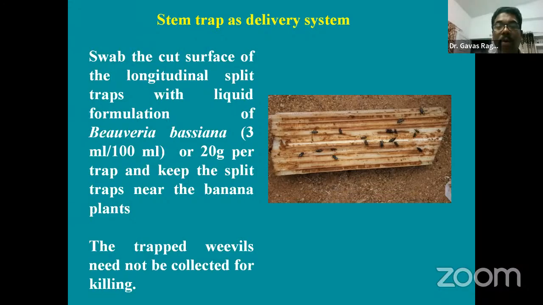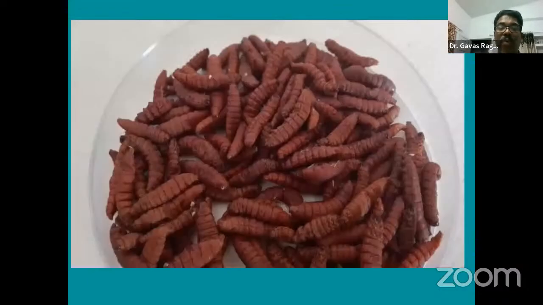Okay. Now coming to the cadaver formulation, this is what we call cadaver. Please don't mind the word cadaver. Cadaver is a technical word used to denote a dead body. What we do is that we rear Galleria, the greater wax moth, which is a pest of apiculture. Into these live Galleria worms, we introduce entomopathogenic nematodes, which are excellent worm-like biocontrol agents.